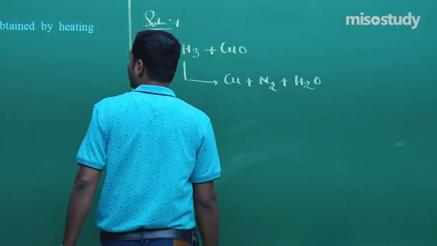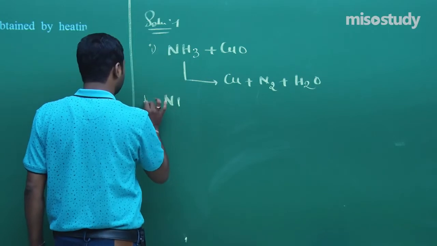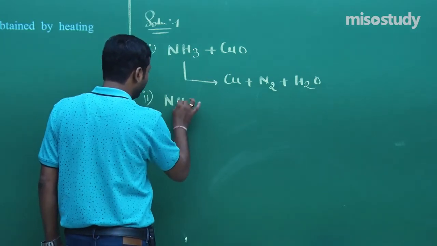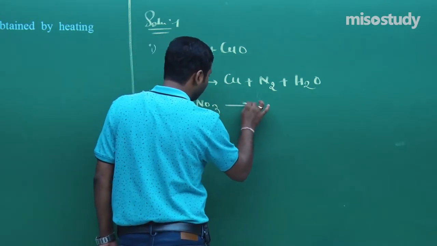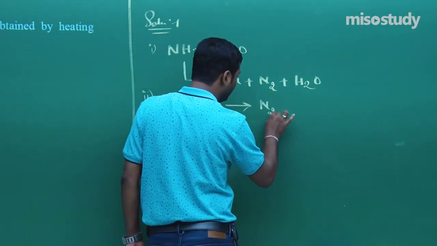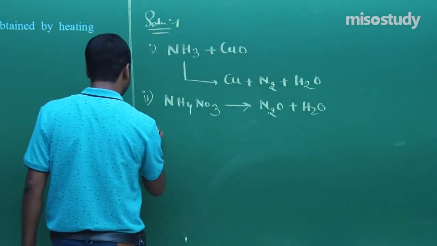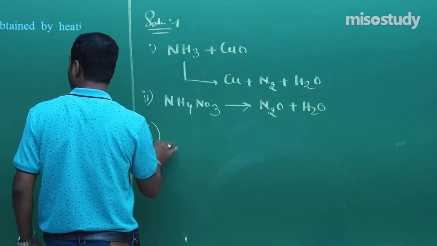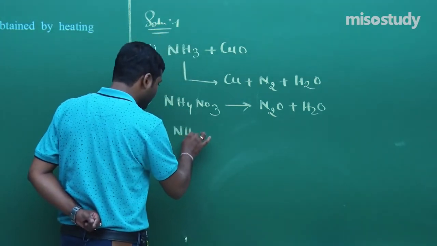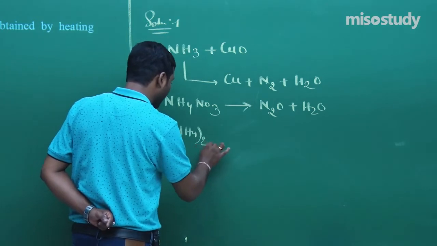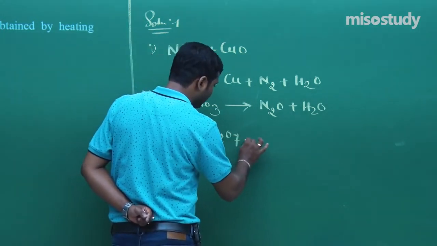Now, the next one is NH4NO3, this one is the second. Now what will happen, sir? In this case it gives you N2O plus H2O, clear? Now what is the third reaction? Check it out here. (NH4)2Cr2O7.